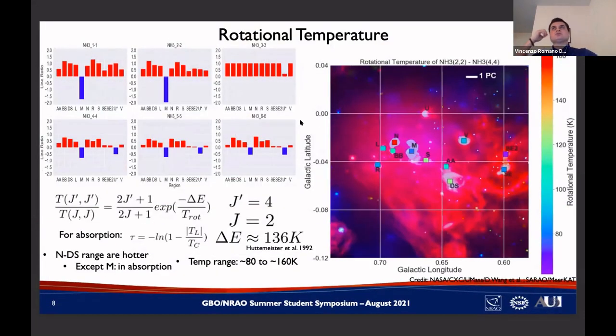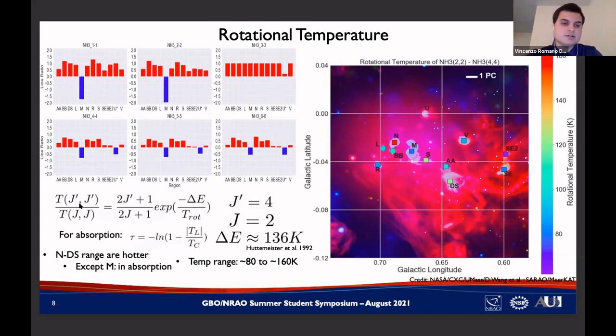My first result checks the expected temperature distribution in Sagittarius B2, and we can use a couple of metastable transitions of ammonia as a molecular cloud thermometer for the B2 cloud. By using, in this case, ammonia 2,2 and ammonia 4,4, these line ratios incorporate the ratio of the brightness components.